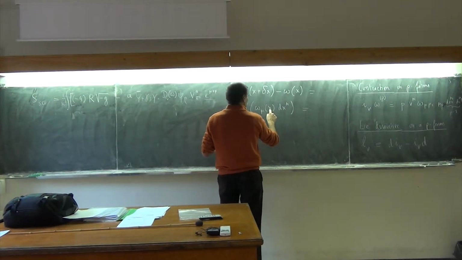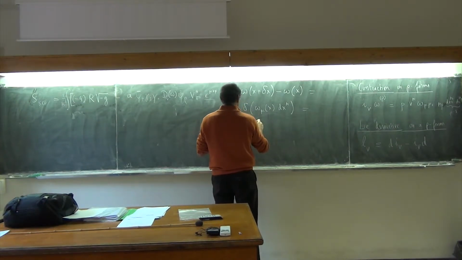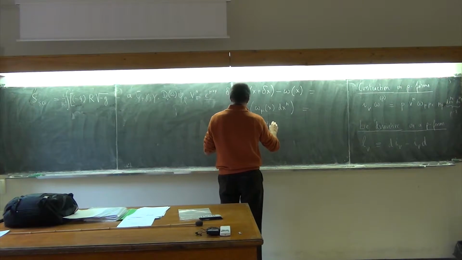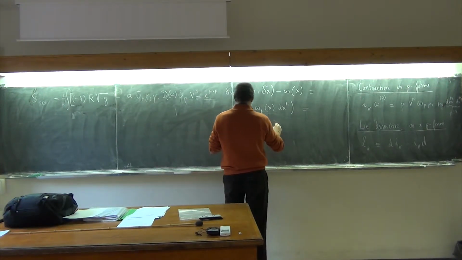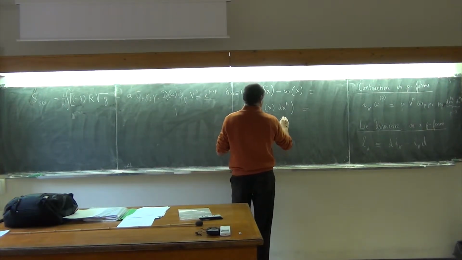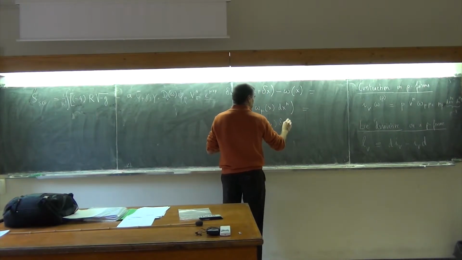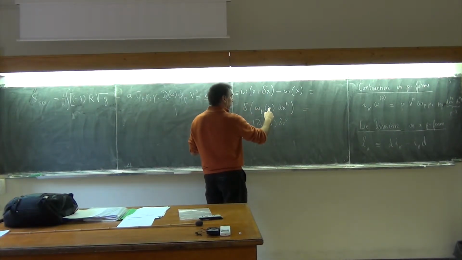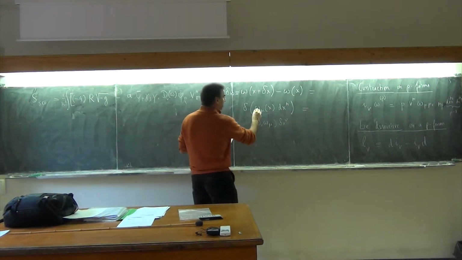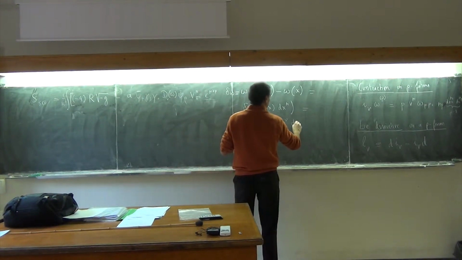Then x plus dx minus x, if I do the variation, it will be the partial derivative of omega mu times the increment of the coordinate. First order Taylor expansion. This is it. This is the variation of omega times dx mu.